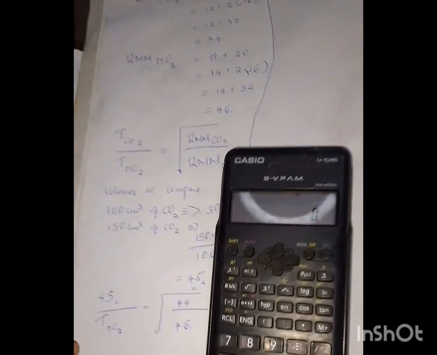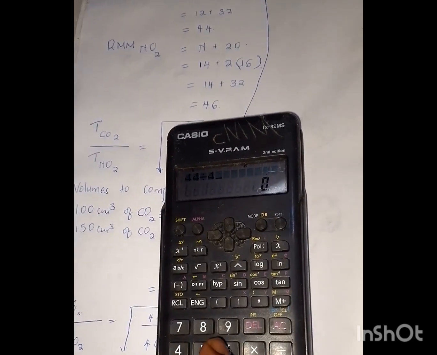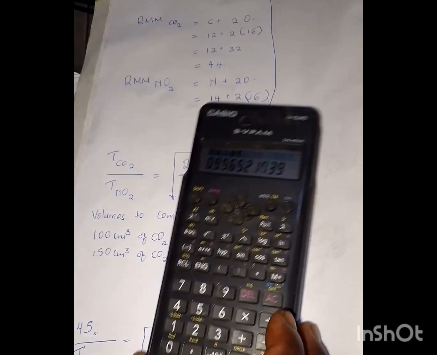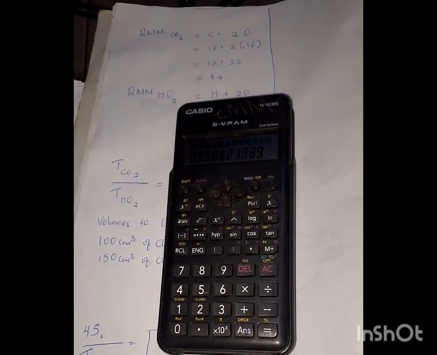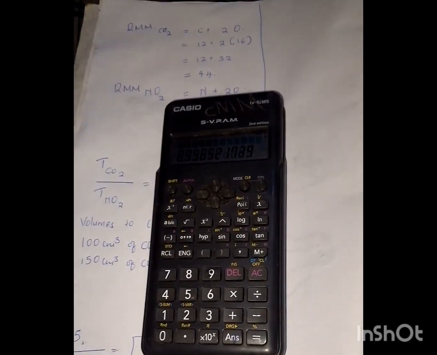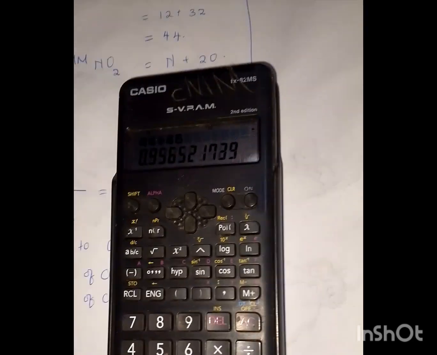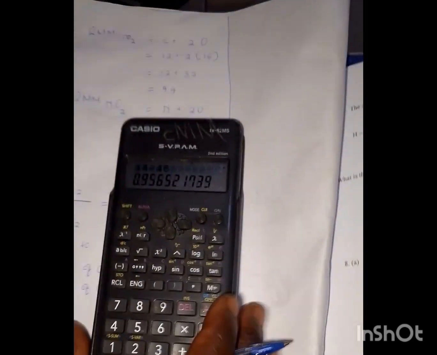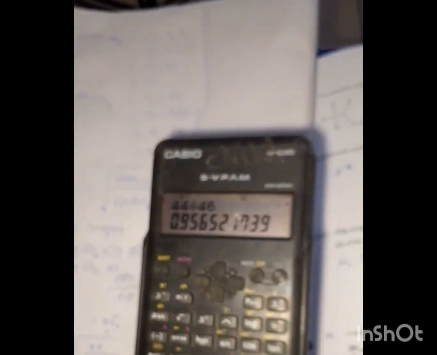So I'm going to key in the values. 44 divided by 46, our answer is 0.95652. So we get the square root of 0.95652.